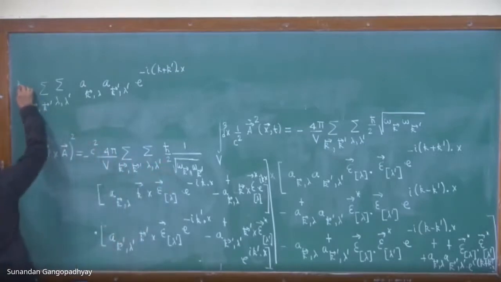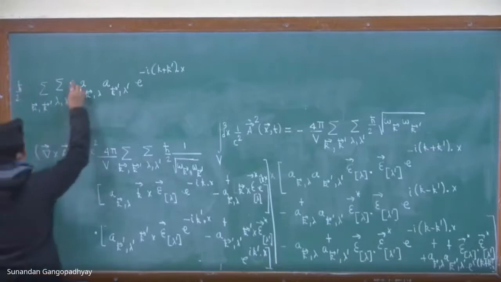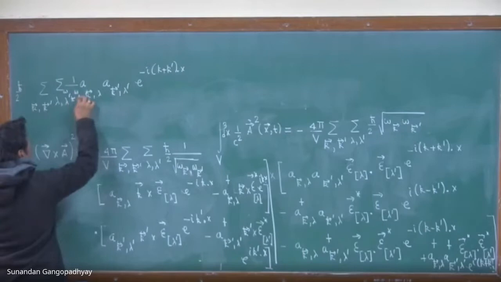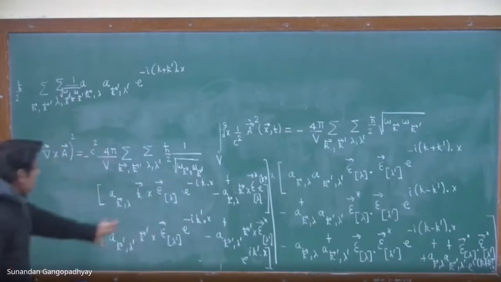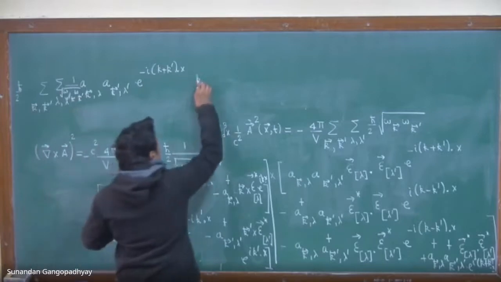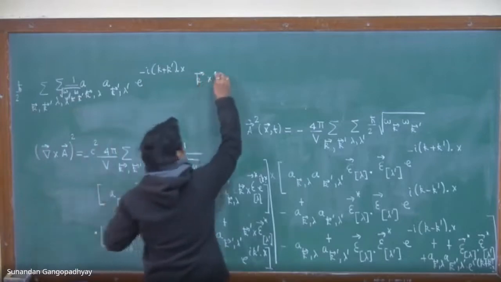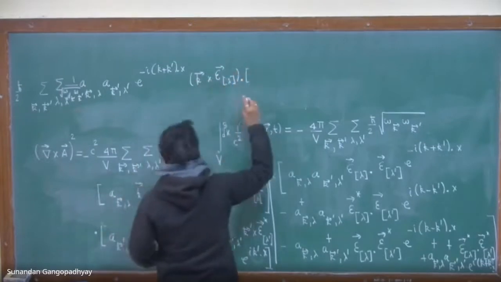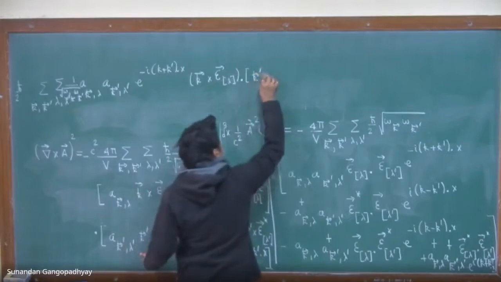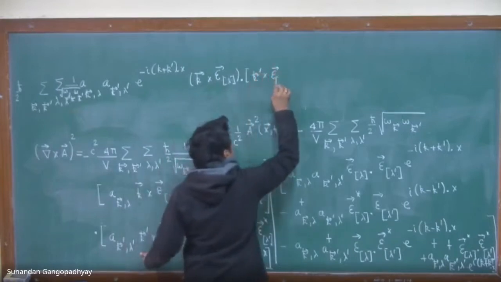You should always remember that there is a factor of h bar by 2, and here we have a factor of square root of omega k prime in the denominator. This factor is always there. And then k vector cross epsilon vector lambda dot product with k prime cross epsilon vector lambda prime.